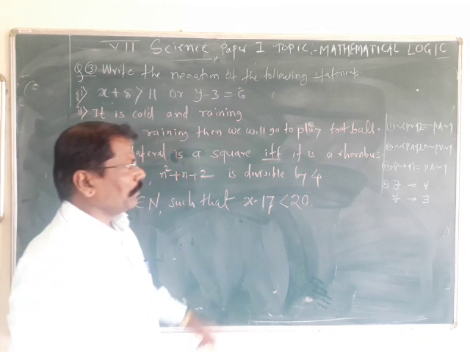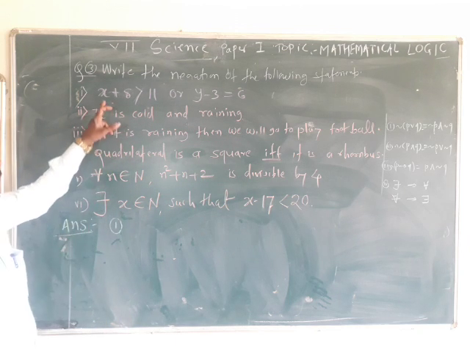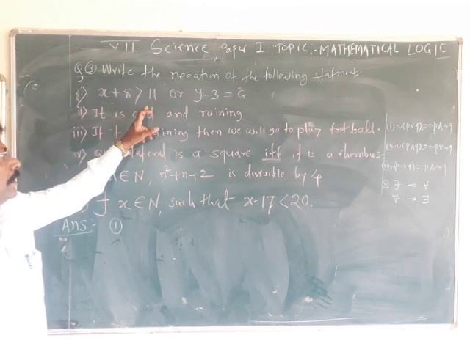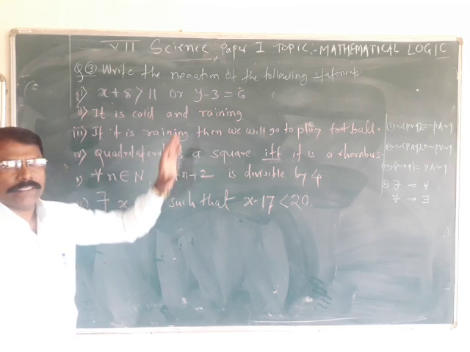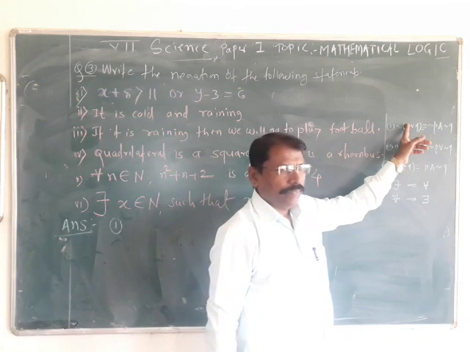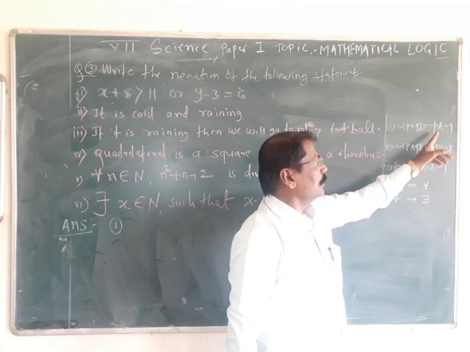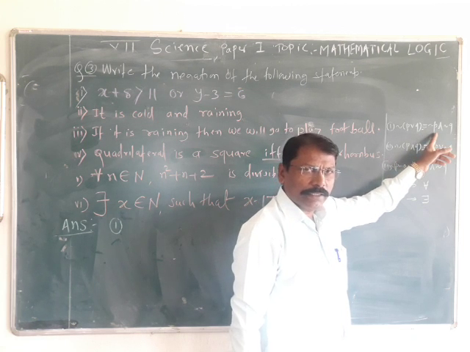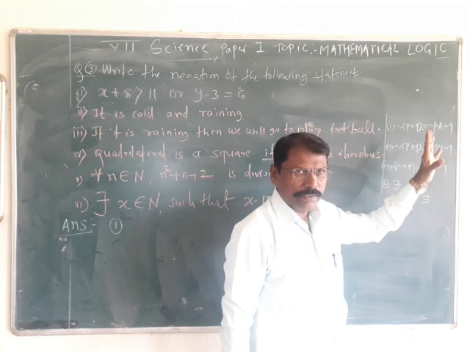So the first example: x plus 8 greater than 11 or y minus 3 is equal to 6. That is a disjunction. Negation of a disjunction is converted into a conjunction with individual negatives.